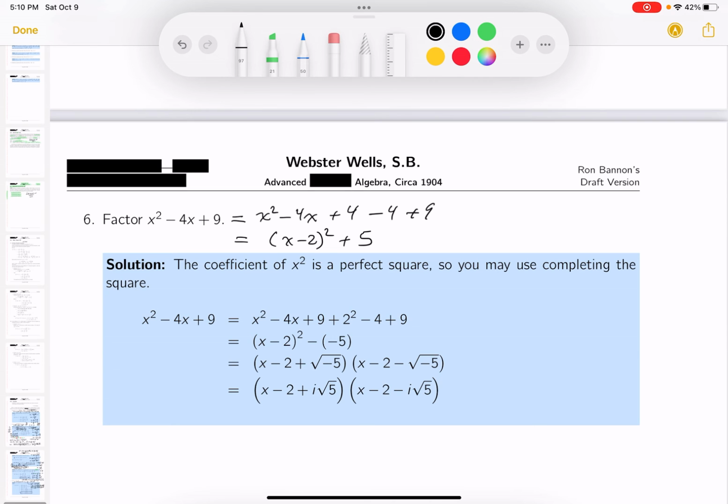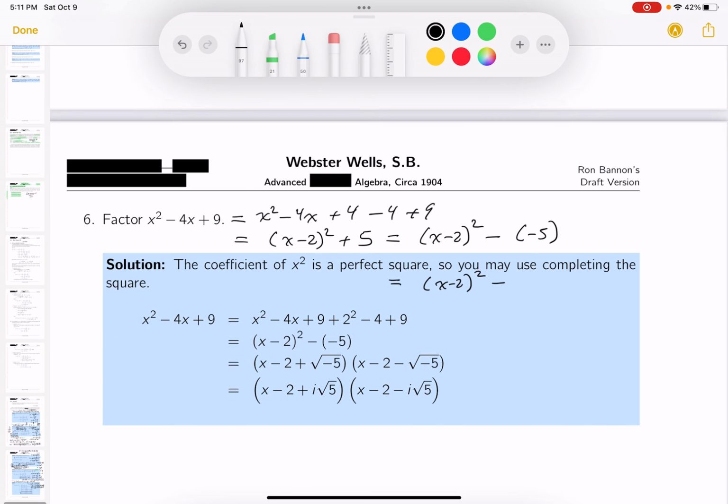Well, that looks kind of crazy looking, doesn't it? So I got to write this down now as a difference. That's going to be x minus 2 squared minus a minus 5. Well, I still got to write it as a square. What do you get over here? X minus 2 squared minus, well, what square would give you minus 5?